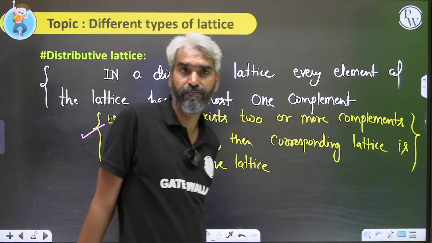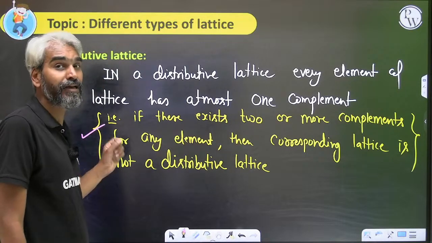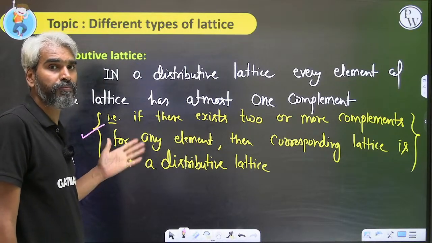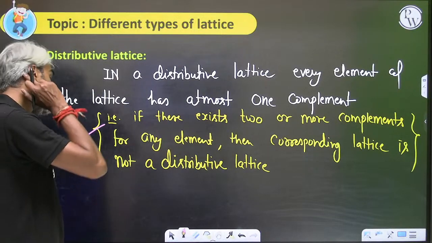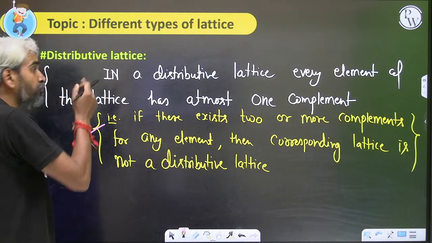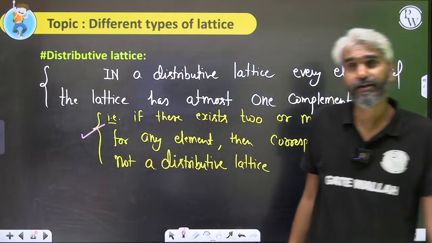This is sufficient. It is guaranteed that if any element has two or more complements, then it cannot be distributive. But there may be a situation when there is no complement for an element, and then also the lattice is not distributive. So it's a tricky one.